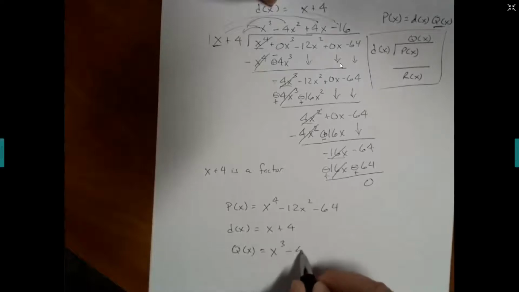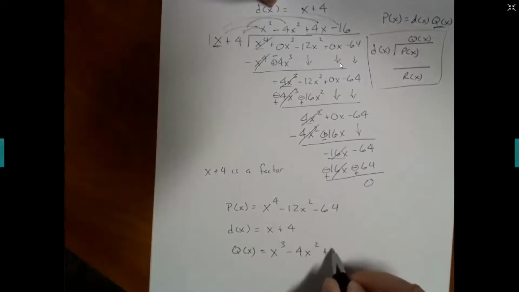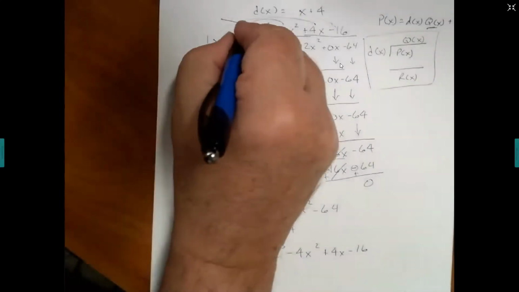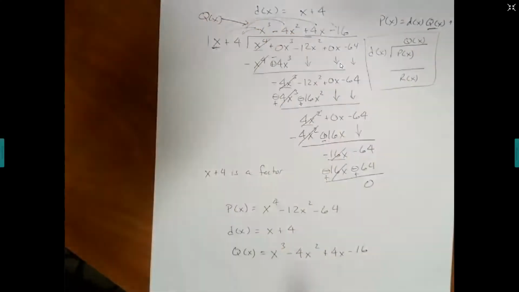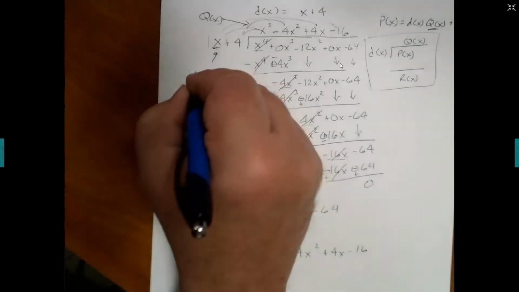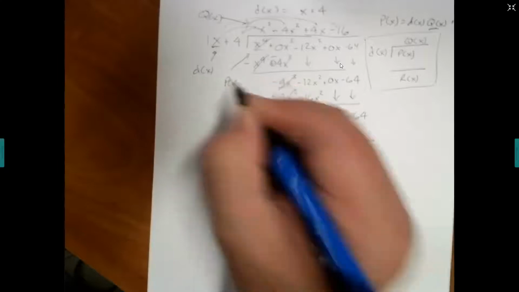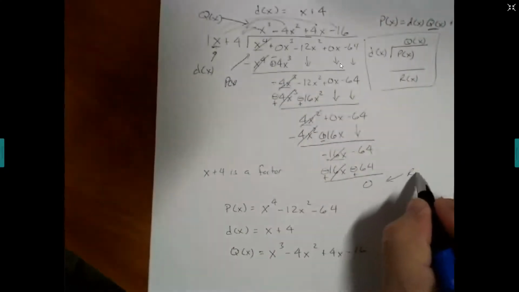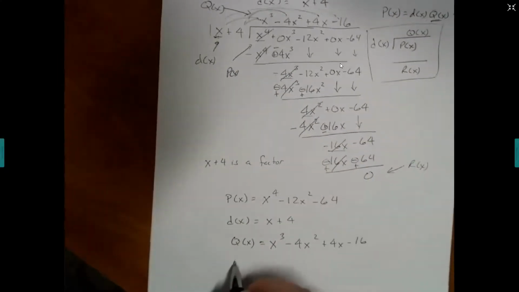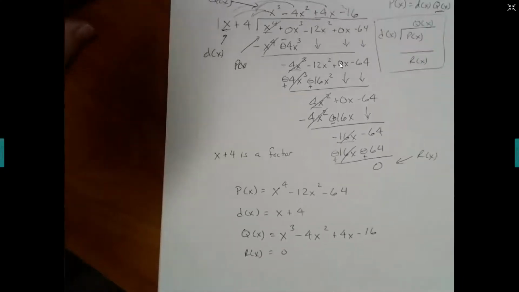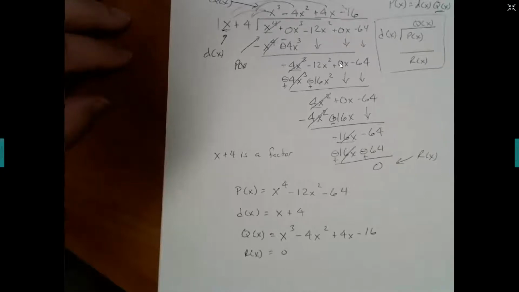X cubed minus 4x squared plus 4x minus 16. This is the q of x. This is little d of x. This is p of x. This is r of x. Much easier.